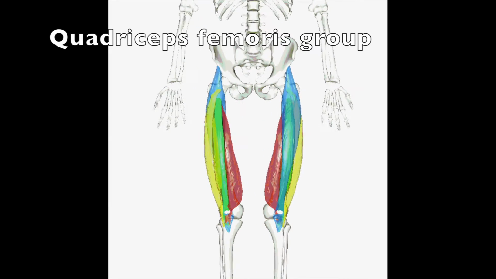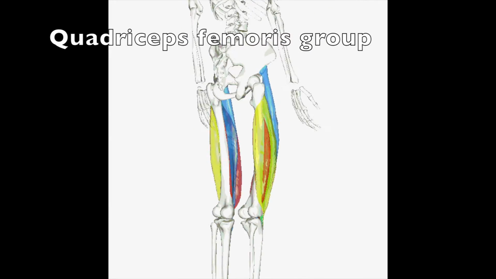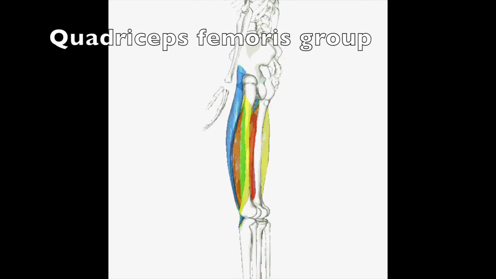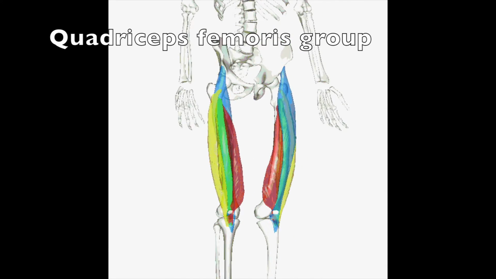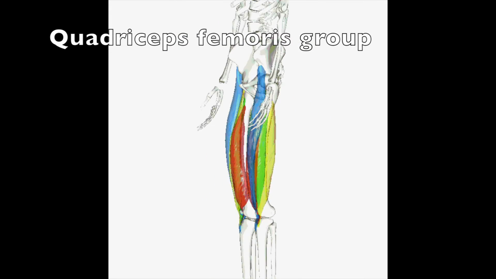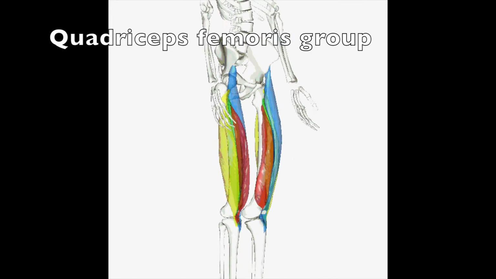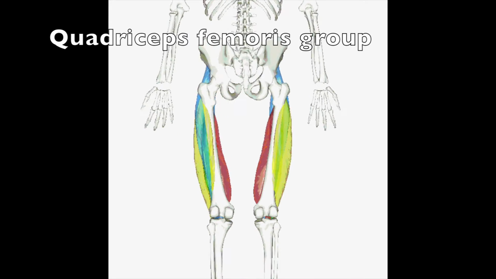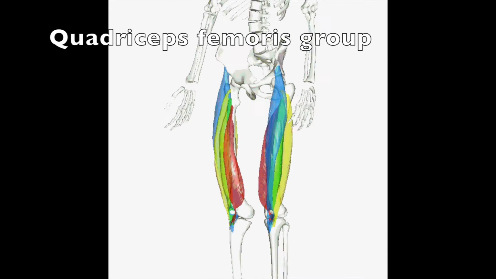The rectus femoris, shown here in blue, has origins on the anterior superior iliac spine and the margin of the acetabulum. The vastus lateralis, shown here in yellow, has two origins, one on the greater trochanter and the posterior surface of the femur.